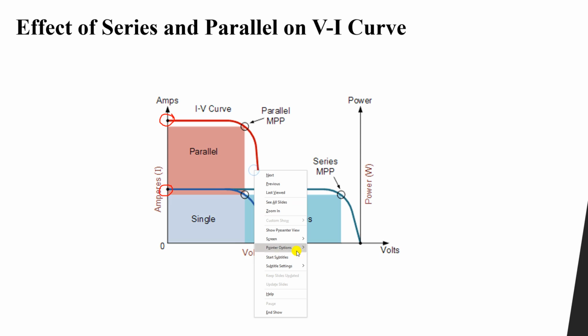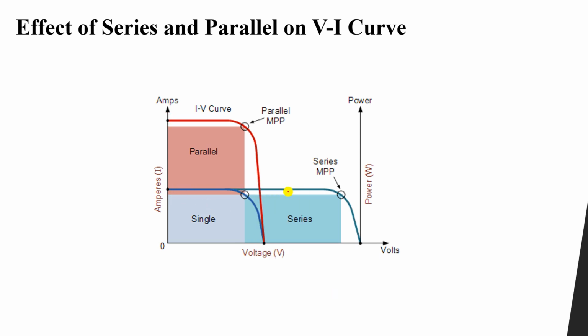So for example, if you have two panels in series like this, you have formed this curve. If you connect two panels in parallel to it, then this curve will be like this, because you increase the total current.